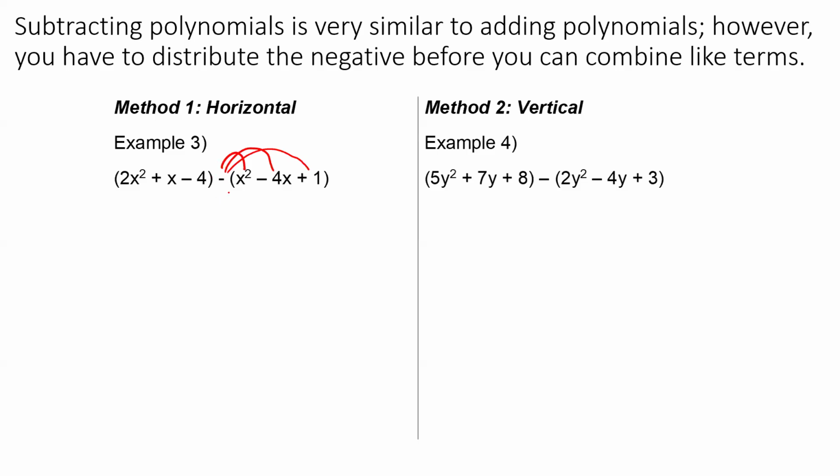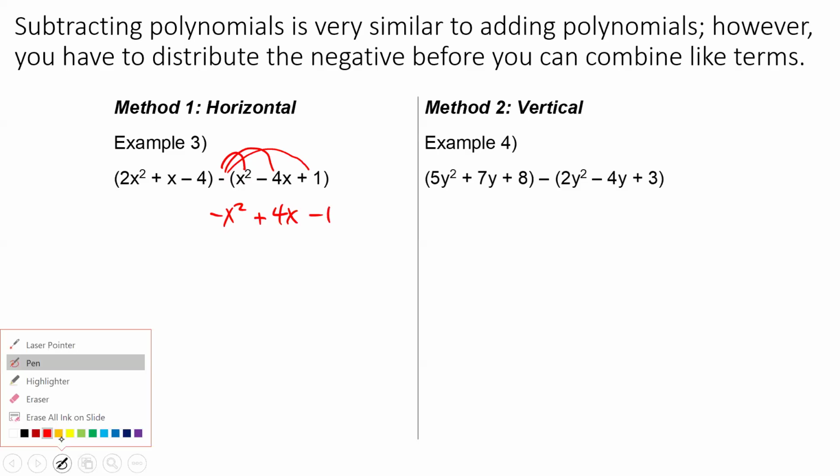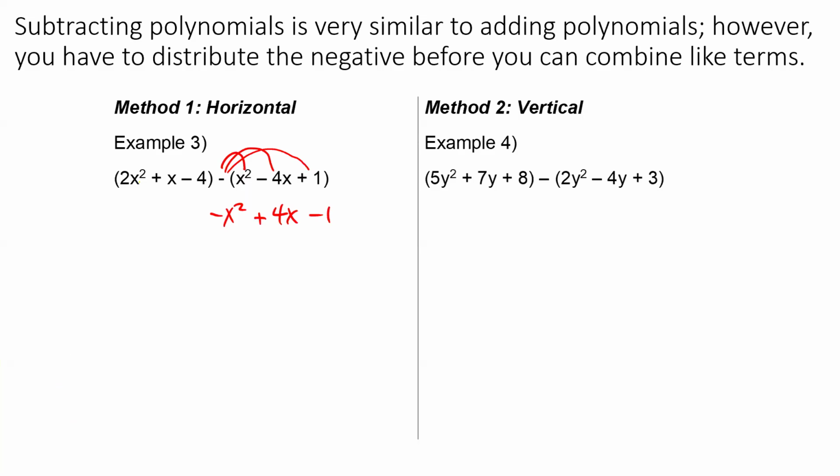So this is going to become a negative x squared, right? This is going to become a positive 4x, and this becomes a negative 1. After that, all it comes down to is combining like terms. So I have 2x squared and negative 1x squared. What does that make? X squared. I have x and I have 4x.